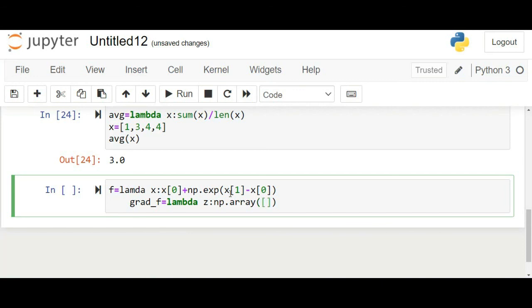Inside the square brackets np.exp of z1 minus z naught.